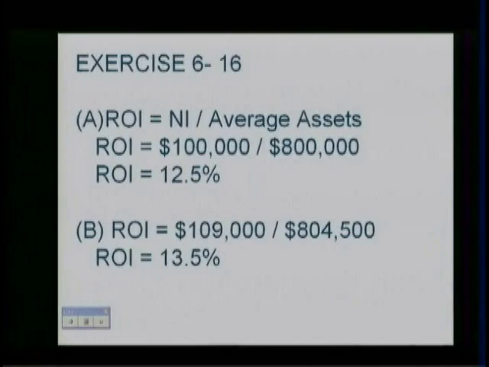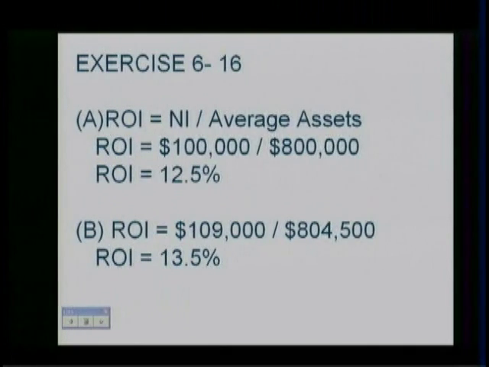If you compute your new ROI then, it would be 13.5% using the 800,000 plus the 809 divided by 2 gives you 804,500, because of your accumulated depreciation reducing your 810 to 809. And then that gives you an ROI of 13.5%.